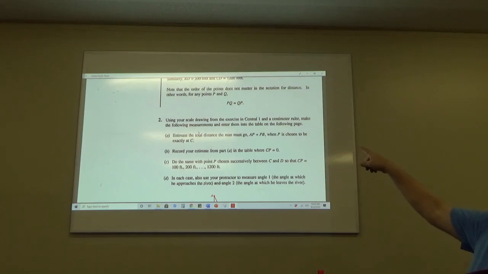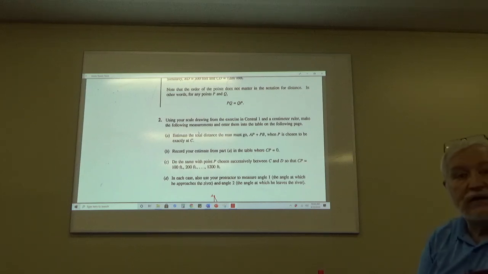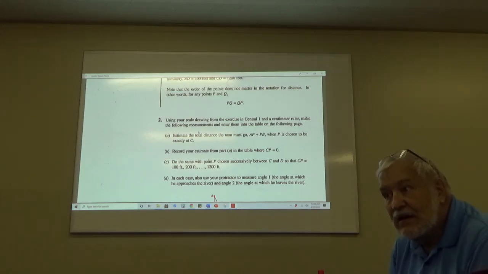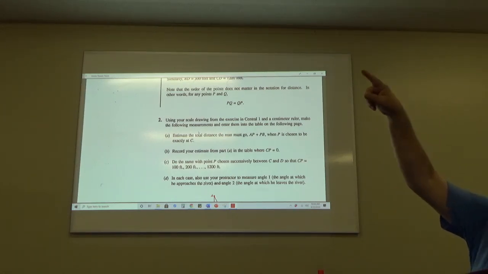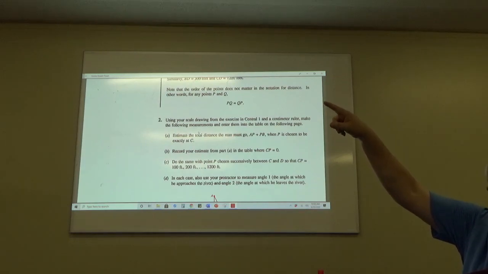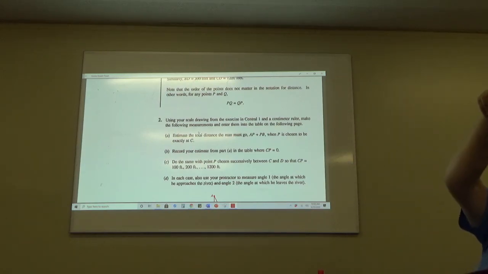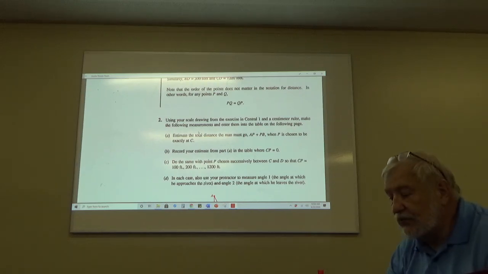Now, using the scale drawing and a centimeter ruler, make the following measurements. So if you had that drawing, you could make the measurements for different places that you would come from the top down to the river and back over, and you could begin to measure the distances on several different places.